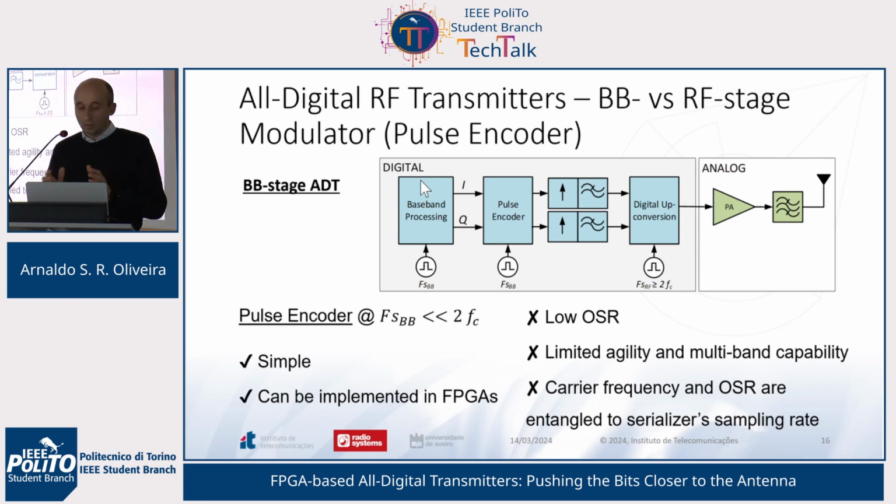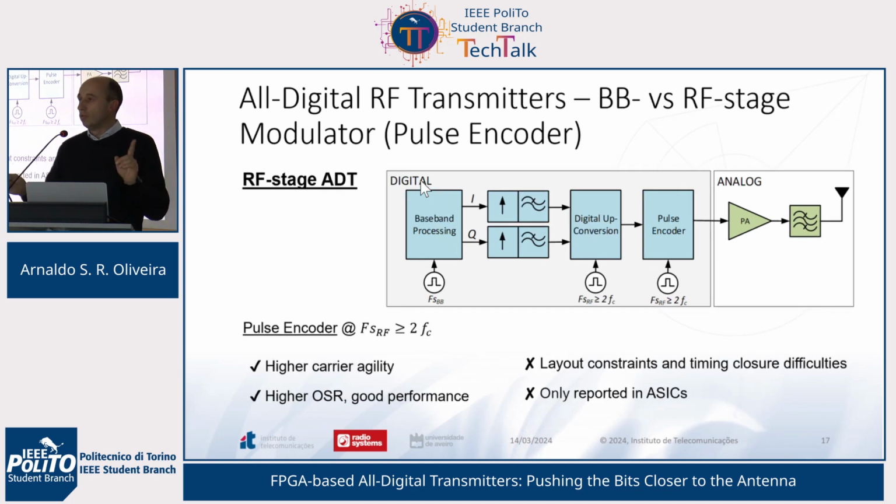And also, with this approach, there is a strict relationship between the frequency at the baseband, the oversampling ratio, the upsampling factor, and the carrier frequency of the transceiver. So there is, I would say, a tricky relationship that basically degrades the flexibility of the approach.